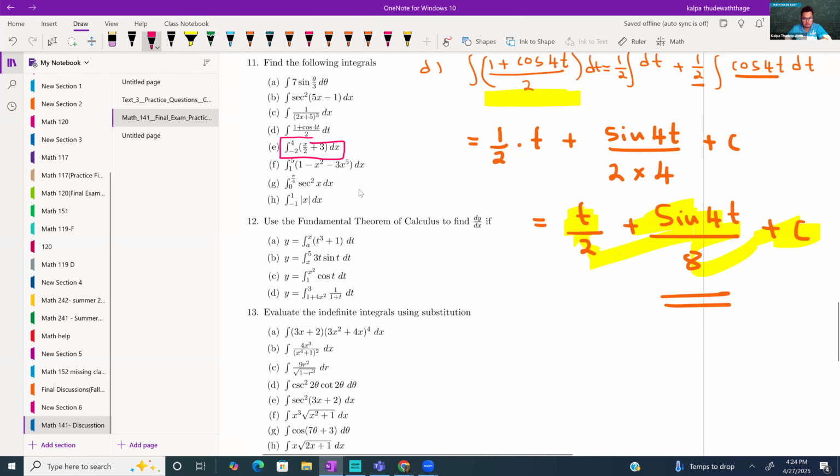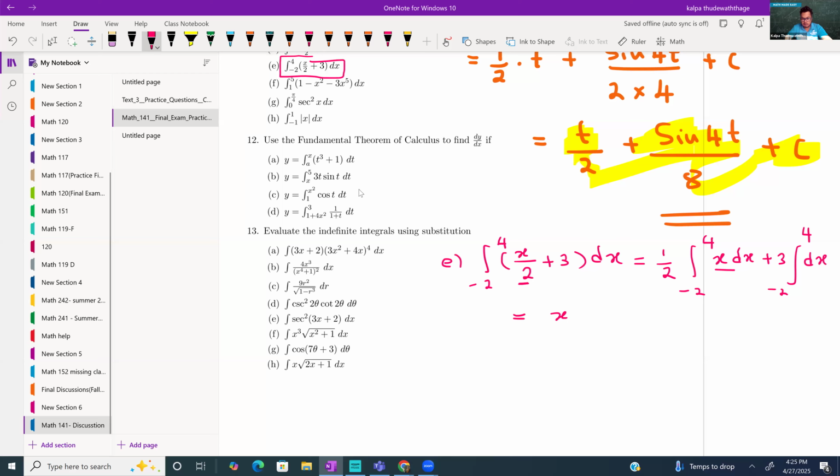And the integral of x is x to the power 2 over 2. You put the upper and lower limit, and you have another half here, this one already there, 4 and -2. This will be 3x, 4 and -2.